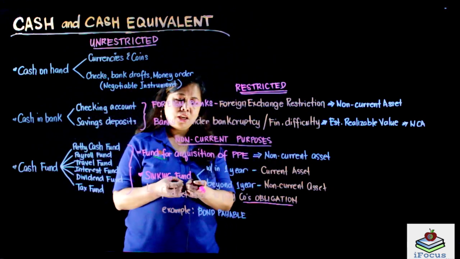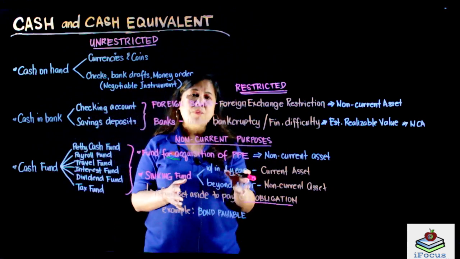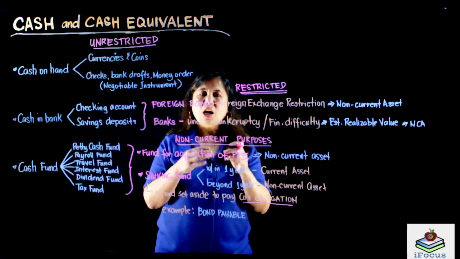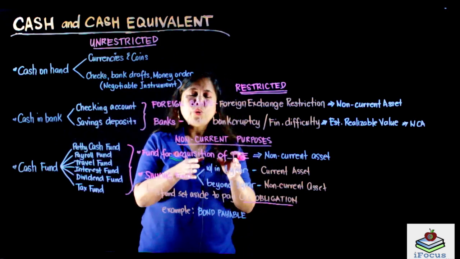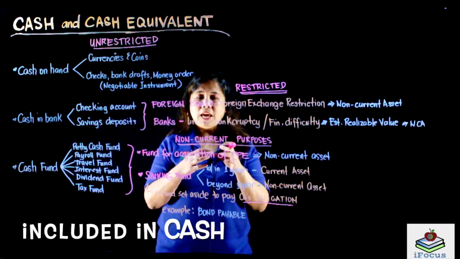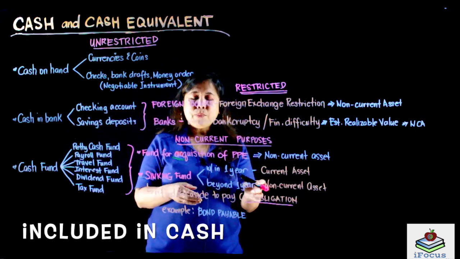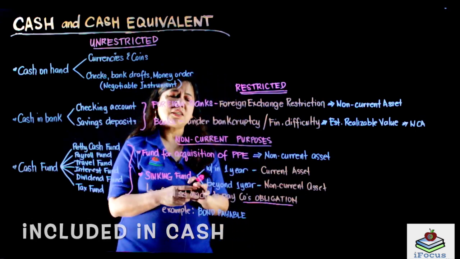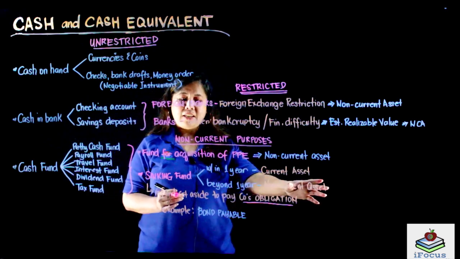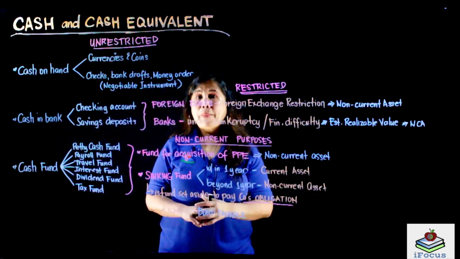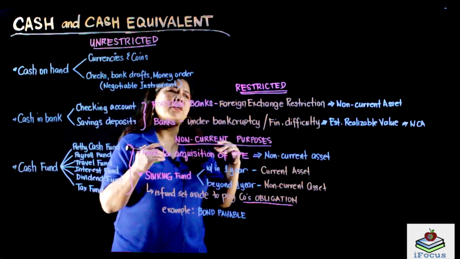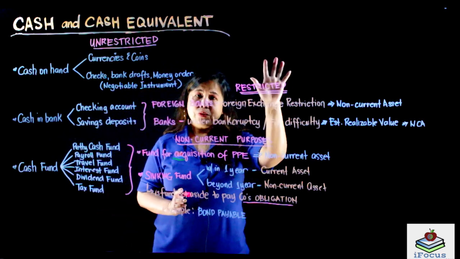The sinking fund is set aside to pay for the company's obligation. If due within a year, we will classify this as a current asset. Kapag beyond 1 year, we will classify this as a non-current asset. For example, our bonds payable. Ito yung mga pwedeng mangyari kung saan ito ay restricted.